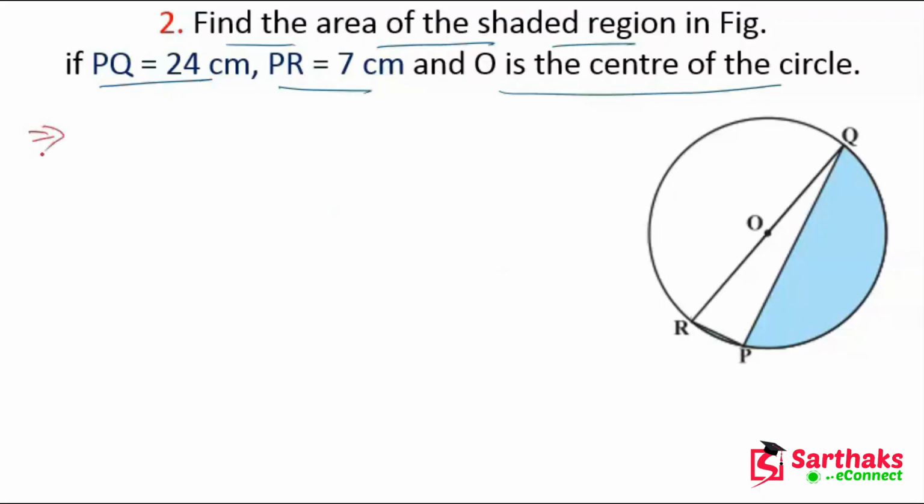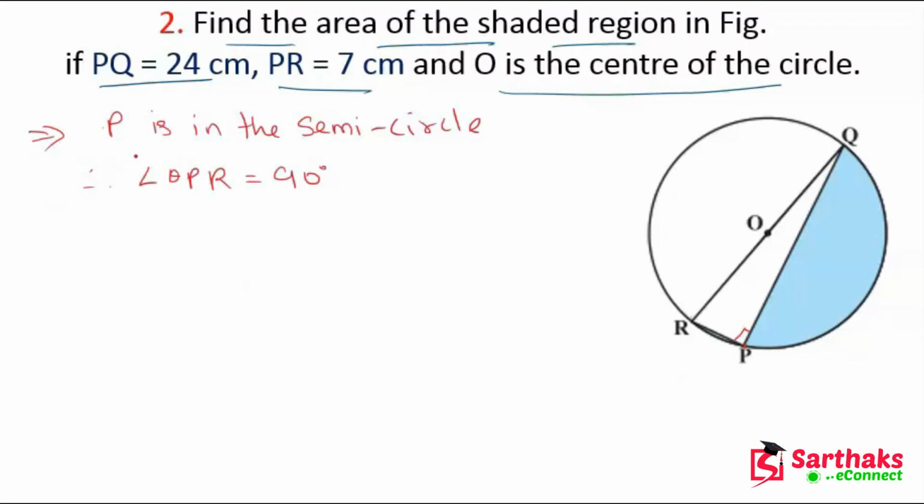Yes, so now my dear friends, we know that in this diagram, P is the angle in this semicircle. So we can say that P is in the semicircle, so angle QPR is equal to what? 90 degrees.